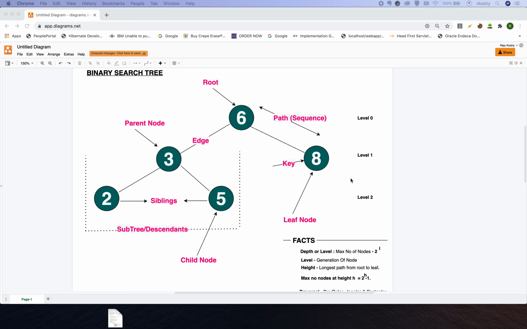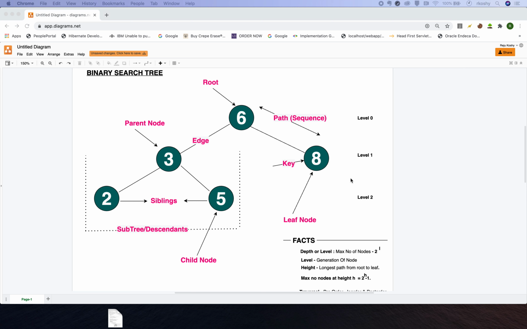Okay, now comes another important, critical point, which is the height. Normally programmers used to make mistakes when they define the height and the level. We are all human beings. We will get confused sometimes.